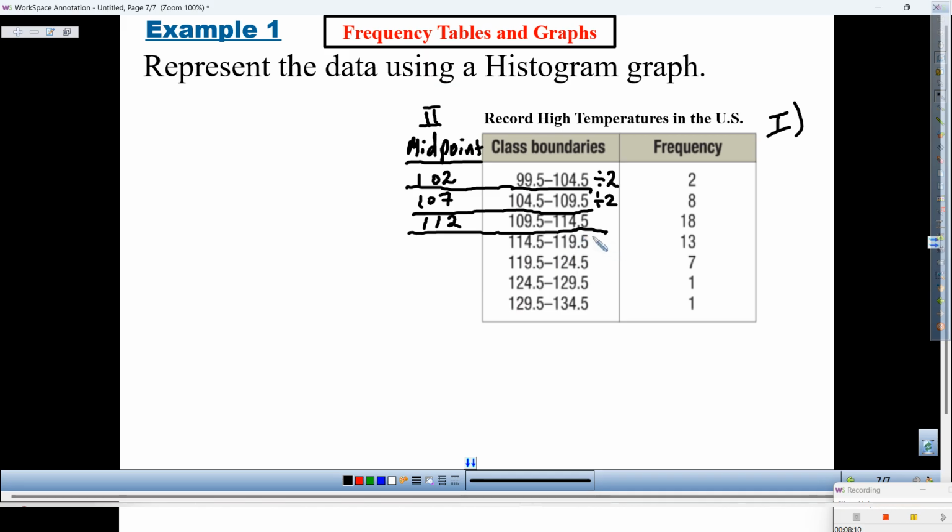So how do we find that? Explain it to us, please. Santi, how do you find the midpoint again? You add both boundaries in the class and divide by 2. Okay. So 114.5 plus 119.5 divided by 2, that should give you 117.